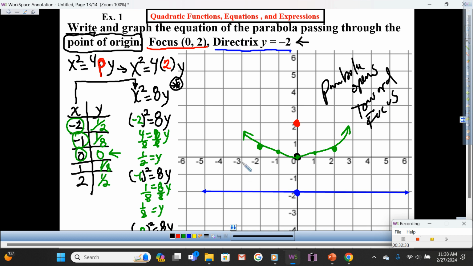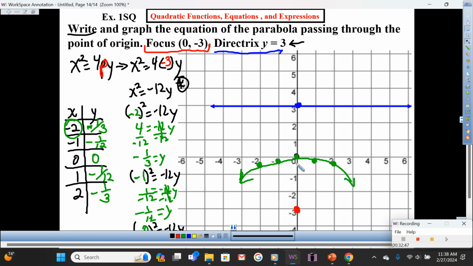Or you can say away from what? The directrix. Do you guys see that? It's away from the directrix towards the focus. Look at this one over here. Towards the focus, away from the directrix. Okay? All right. So far, so good. Let's move on.